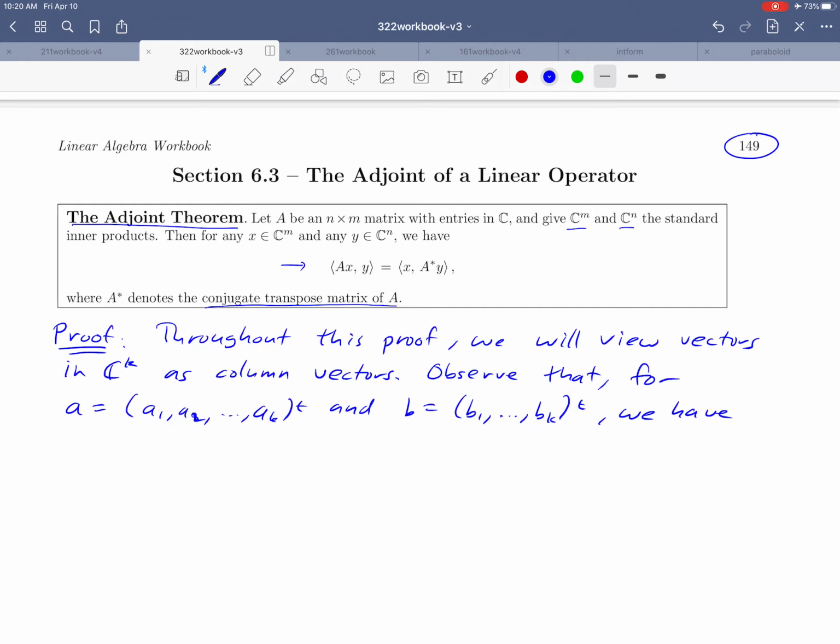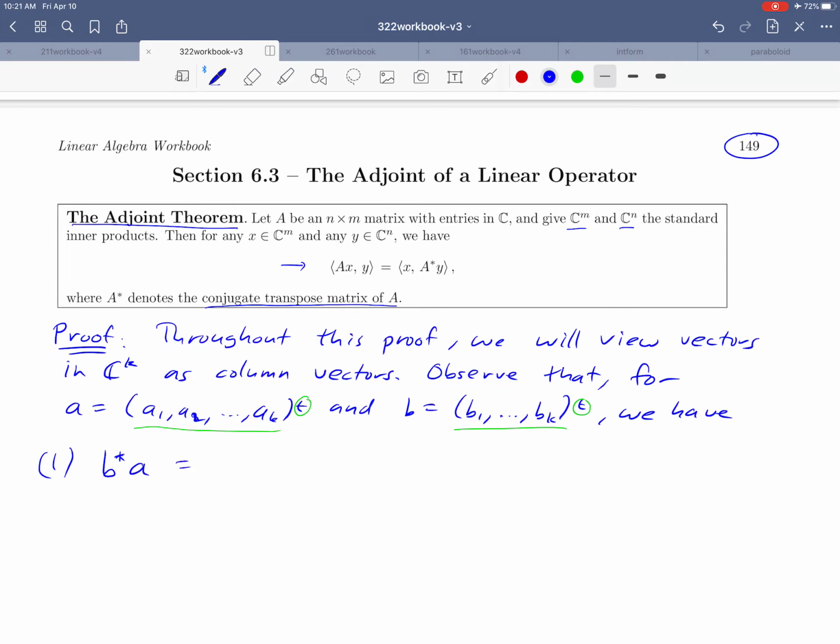Before we write down a formula, I want to make a comment. Notice that those two vectors, a and b, are column vectors, because we wrote them as rows, but we put a transpose on both of them. That takes those rows and turns them into columns, so keep that in mind as we go through this proof. With that designation of a and b, we're going to matrix multiply b star times a.